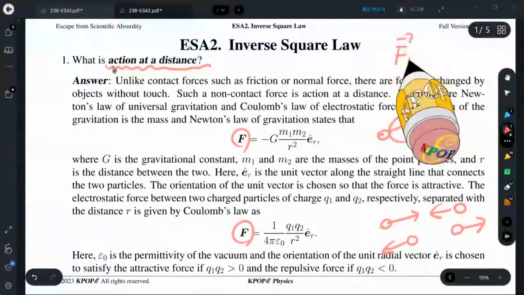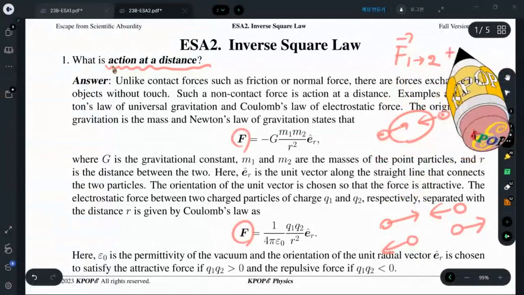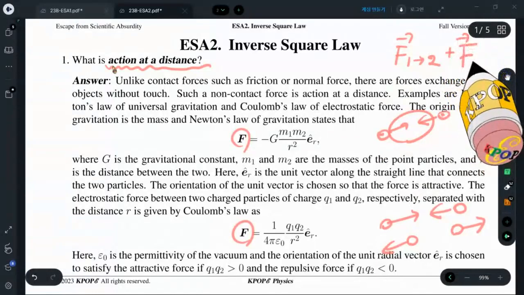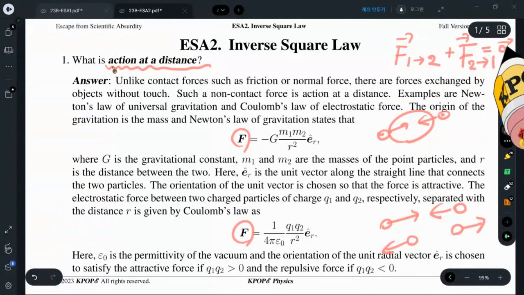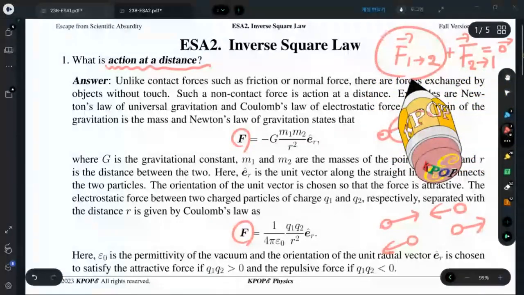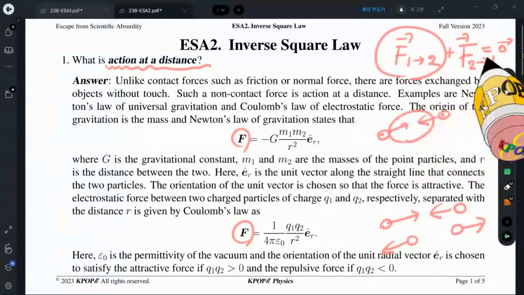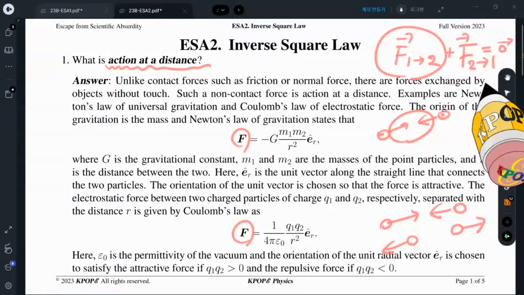One force applied to particle 2, another force applied by the second particle to the first particle, the sum is a zero vector. That means one is the additive inverse of the other. So equal magnitude, but opposite direction.